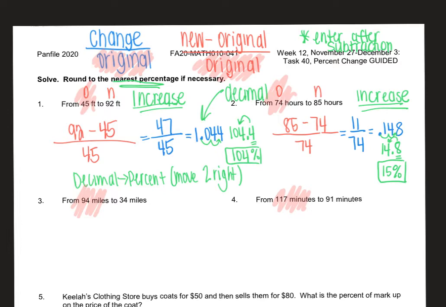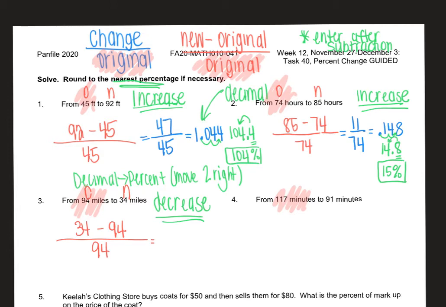All right, number 3, I have my original, which is the 94. I have my new, which is the 34, because I'm going from 94 to 34. So I am decreasing. I'm going to have a percent decrease. When I plug this in my formula, I get 34 minus 94, and I put it over 94 because, again, I want my original on the bottom.